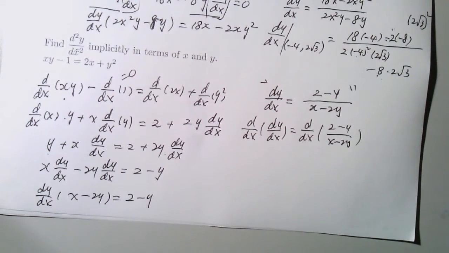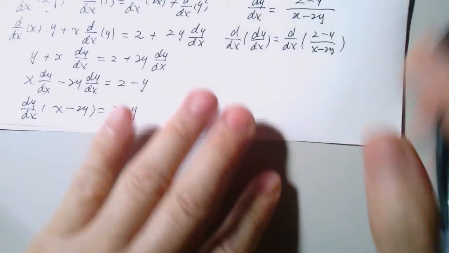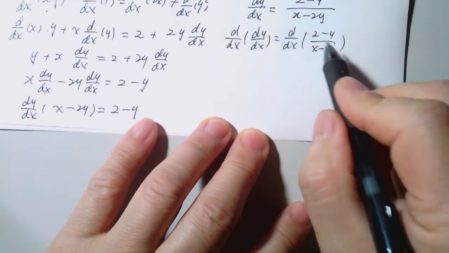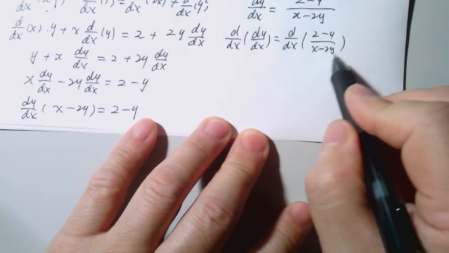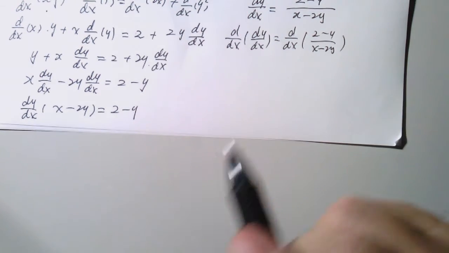Okay, so now I'm going to use the so-called quotient rule because this is a quotient of two functions.